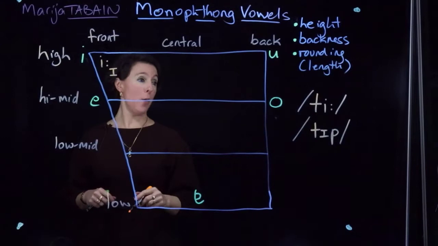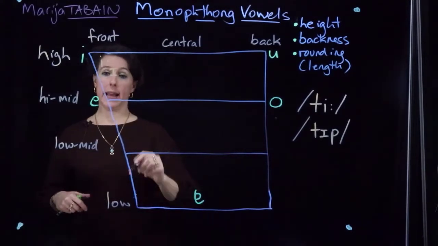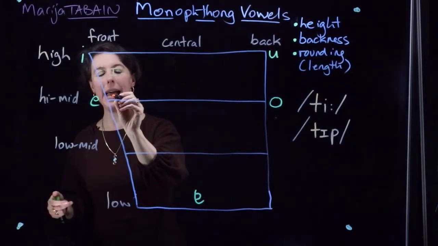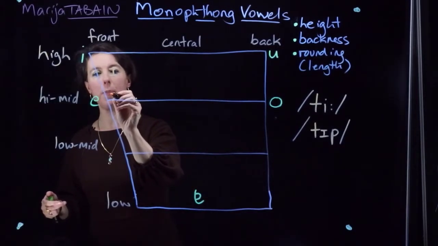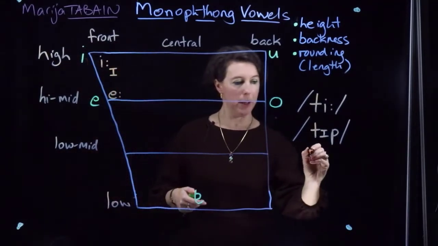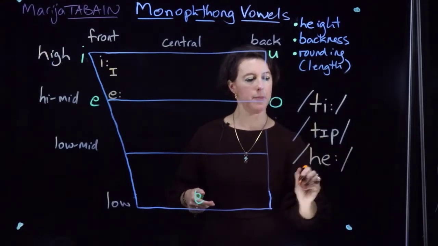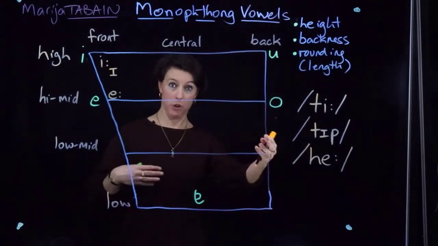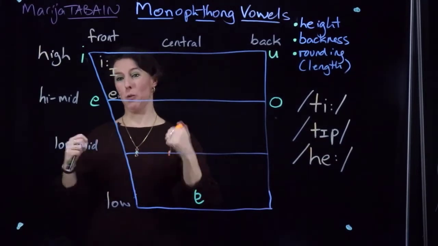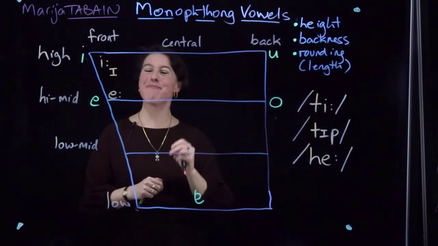And then we also have a word like hair, as in the hair on my head, and that's an air vowel. That's how we transcribe that in the International Phonetic Alphabet, which we're working with at the moment.